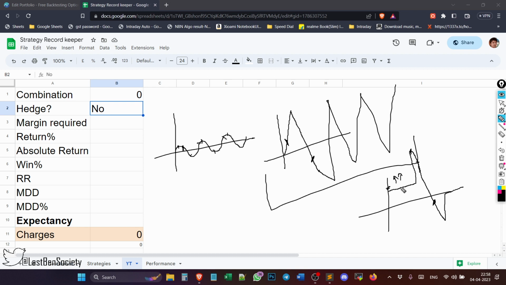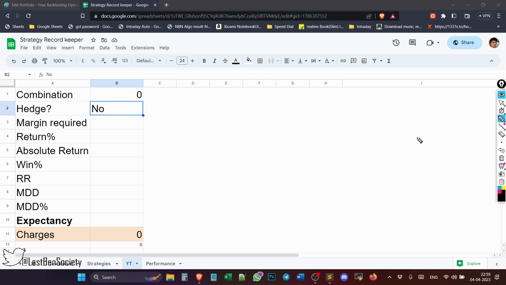But the 925 and the 11 o'clock trades would have made you some money, and the 12:30 trade fell somewhere here, so that gave you the maximum profit for the day, and 1st of February would have been profitable as per this strategy. So I hope I have made my point clear on how you can design a strategy for yourself.